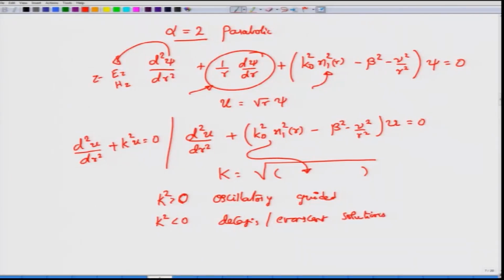Okay. It turns out that not in the entire core will you have the oscillatory or the guided solution, because the condition for k to be greater than 0 means that this term in the bracket has to be greater than 0. And if you simply sketch all those values, starting with, say, k 0 square n c 0 square, where n c 0 or n 1 square would be the peak value.